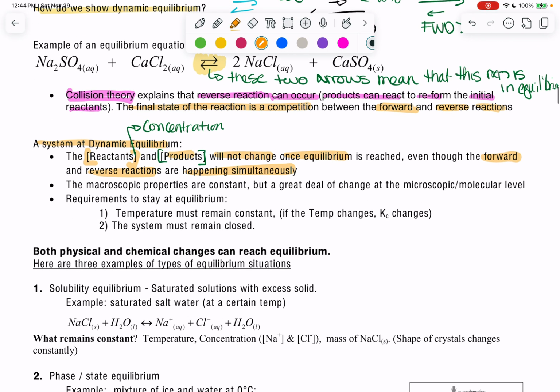This allows our macroscopic properties, or the things that you can see. I'm just going to draw a little eyeballs there to remind me that these are the things that I can see are constant, but there's a lot of change that's happening on the microscopic level. So these are things that I can't see.